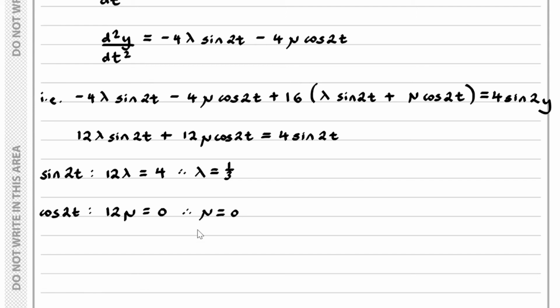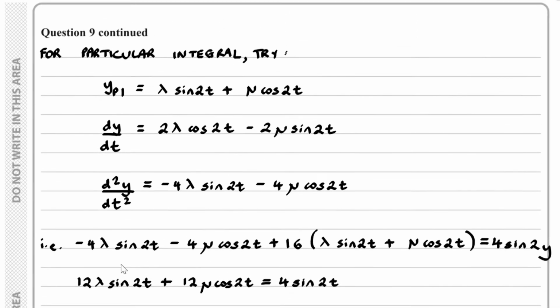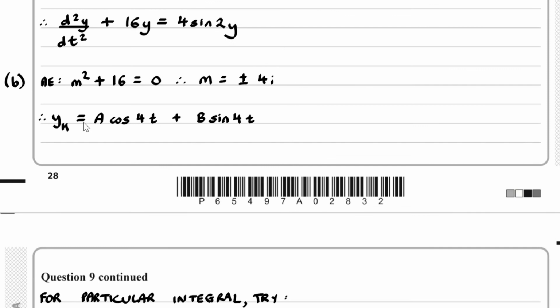Mu is 0. So for my particular integral, I'm left with 1/3 sine 2t.